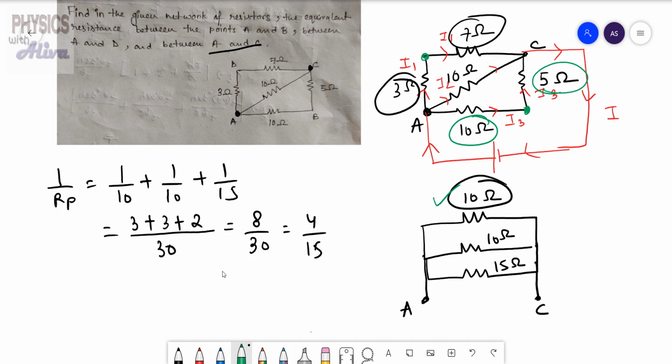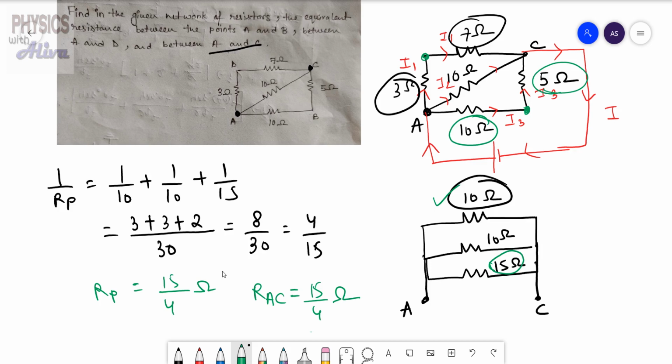This 10 ohm and 5 ohm are connected in series combination, so we get a 15 ohm resistor. Now we can see that these three resistances are connected in parallel. So we have calculated and we get that Rp is equal to 15 by 4 ohm. So the equivalent resistance across AC is equal to 15 by 4 ohm.